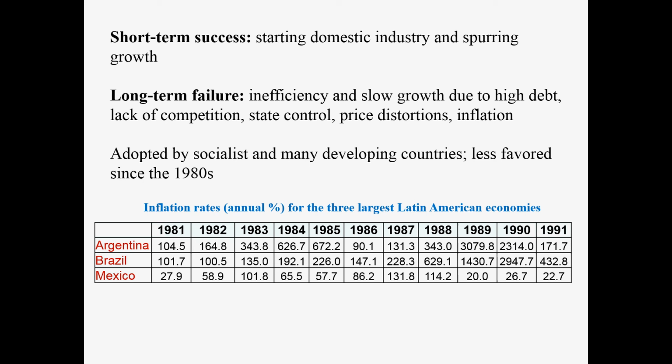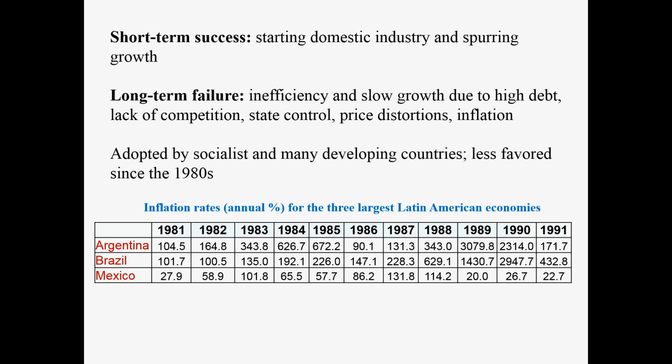So eventually, the government tries to speed up growth, and when they cannot collect enough income from domestic industry because of slow growth, they just have to print and issue more currency, and that eventually causes inflation. This table shows that several important Latin American countries that adopted a self-sufficiency development strategy had a very high level of inflation in the 1980s.